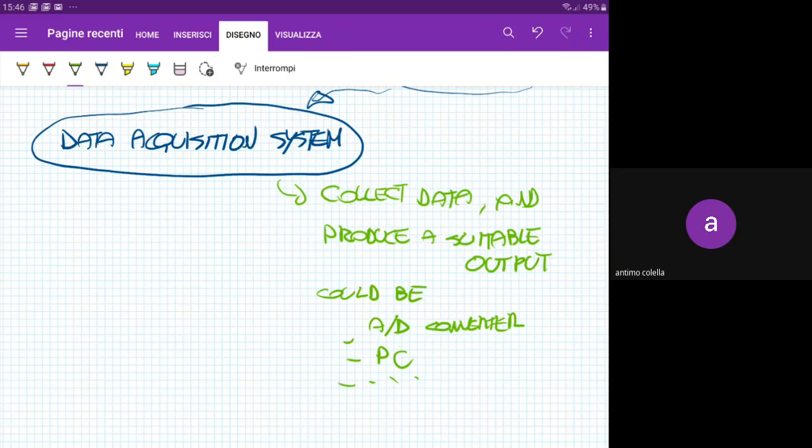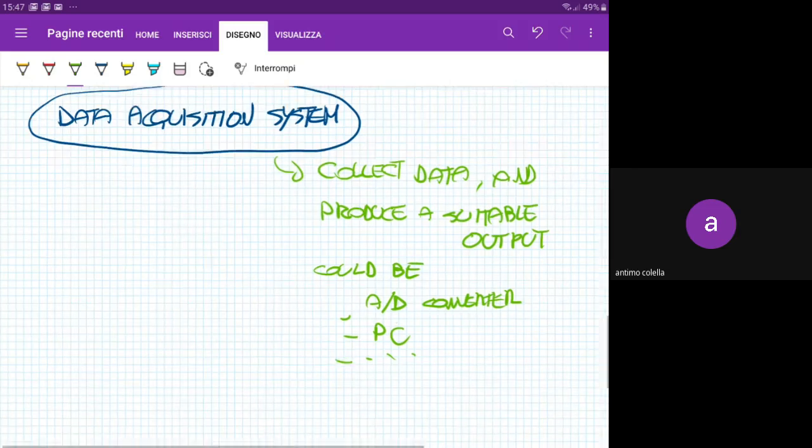So that is what a data acquisition system is doing for us. It receives an electrical signal that is characteristic of your physical quantity to be measured and gives out as output something that could be used for digital signal analysis, plotter, PC, whatever.